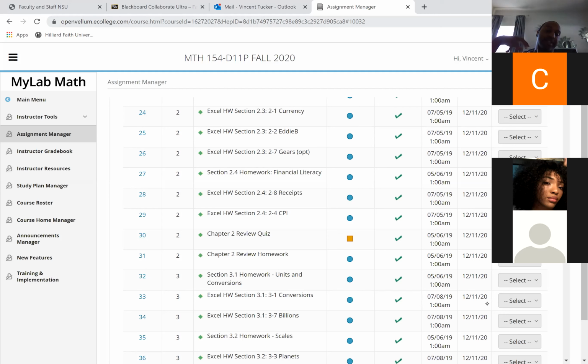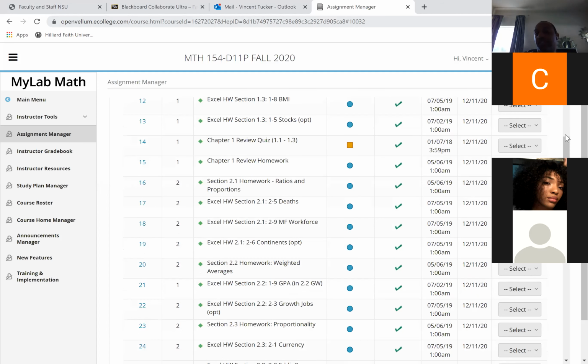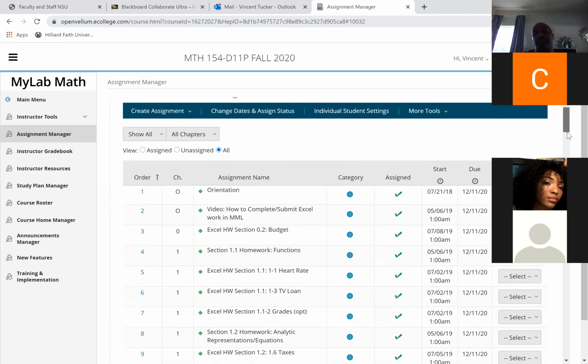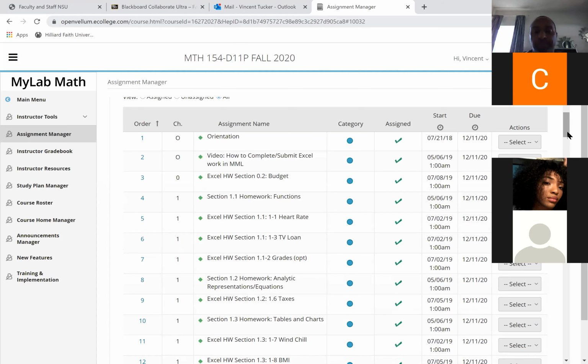The assignments that have nothing to do with Excel, you should be able to do those with no issues if you can get into MyMathLab. So knock those out. You want to have the least amount of stuff to worry about as possible. What you don't want to do is have stuff that you could have done just sitting out there when it didn't have to be.